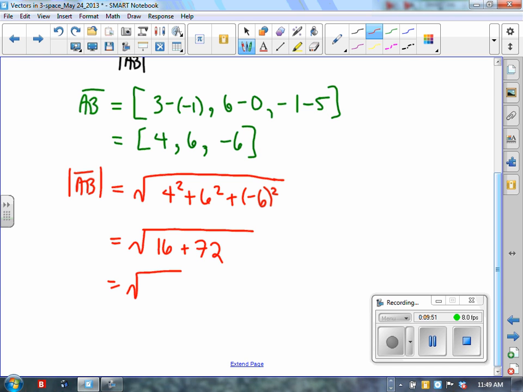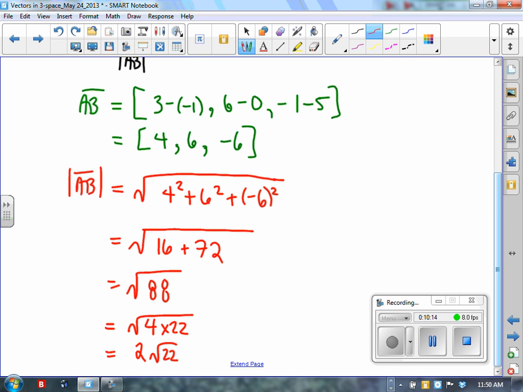So what do we have here? We have a total of 88. Okay, so root 88. Now you're more than welcome to break that down into a mixed radical. So that would be the root of 4 by 22, which is 2 root 22.